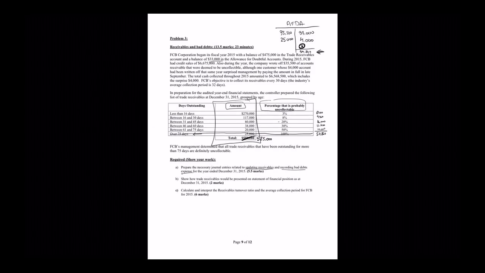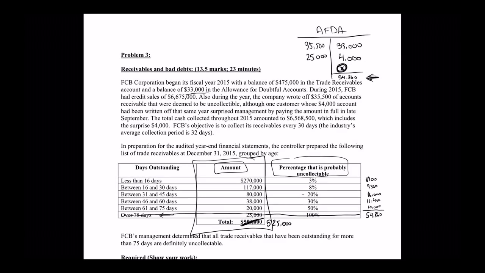So required A, we're going to update our receivables. We wrote off that 25,000, so we debit AFDA and credit trade receivables for 25,000. Now, we know that we want our AFDA balance to be at 54,860.